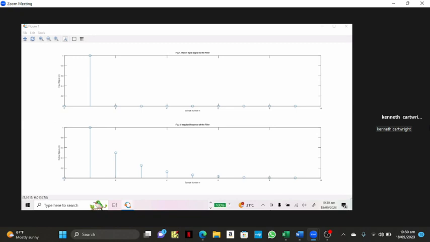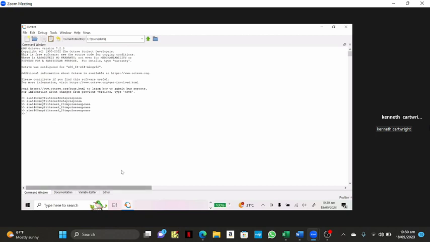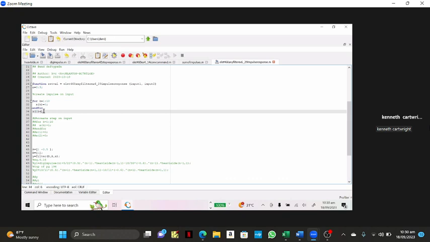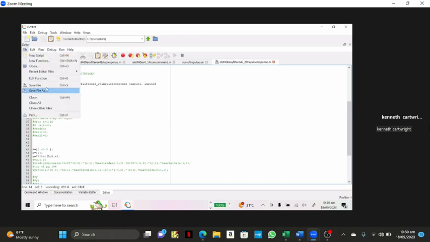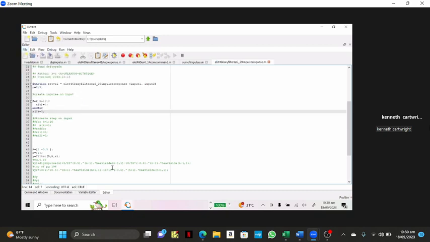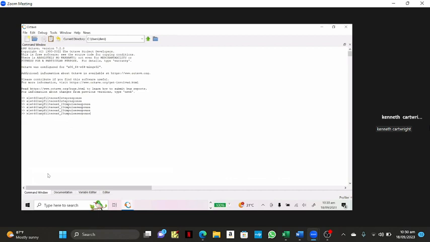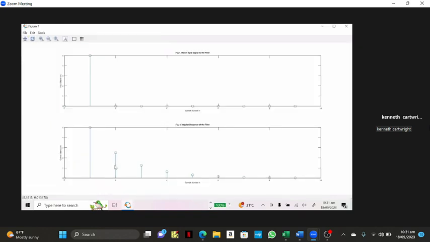Let's see that. So we make the input 5. Save it. And the output should increase by 5. And lo and behold, it does.